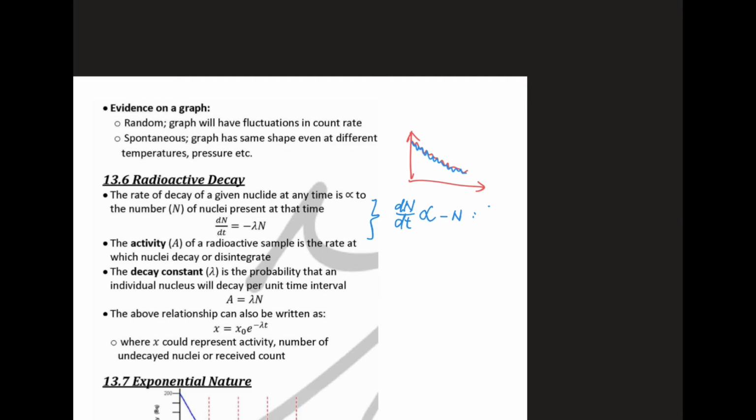So meaning that the decrease of nuclei means greater rate of decay. So it means something like that.